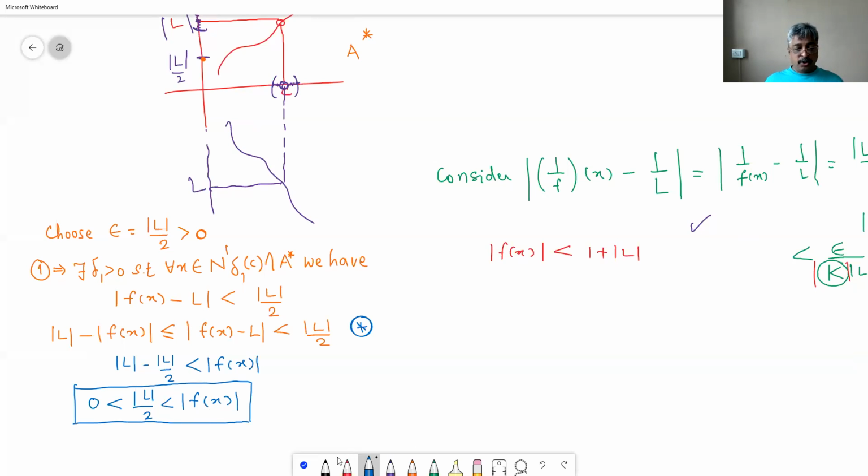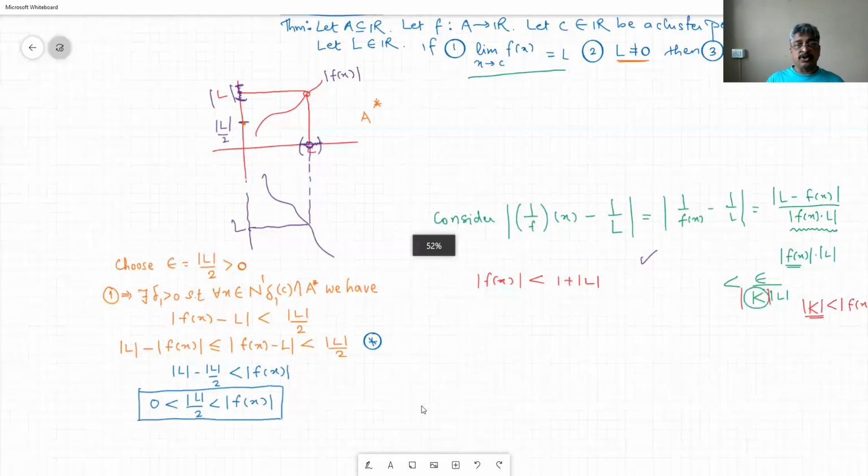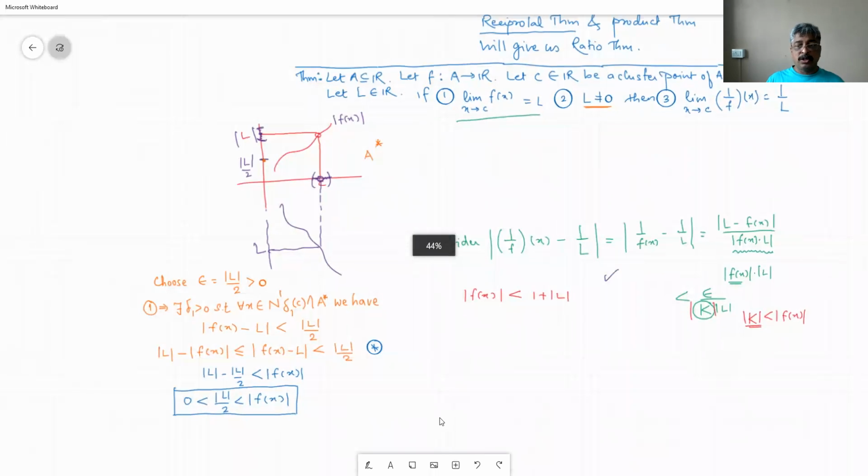So now let me reduce the size so that everything is there on the board. If you observe, this mod k, which I was required to replace mod f of x in the denominator, I have got a number mod L by 2 which is positive and guaranteed to be less than mod f of x.